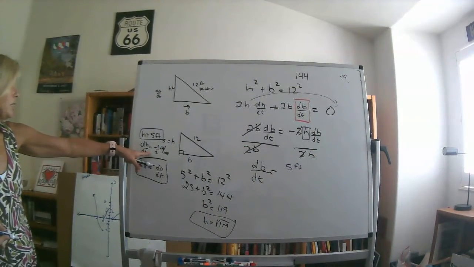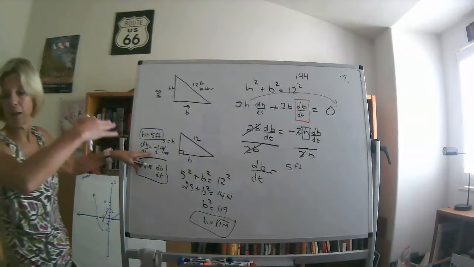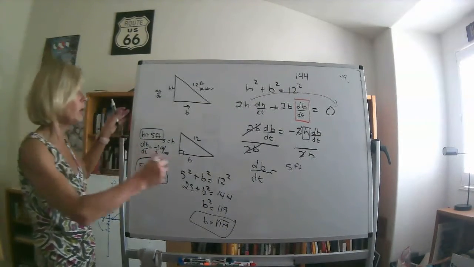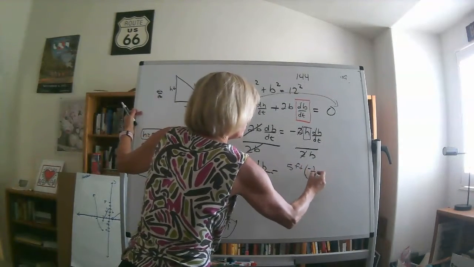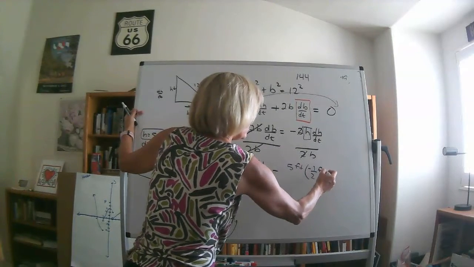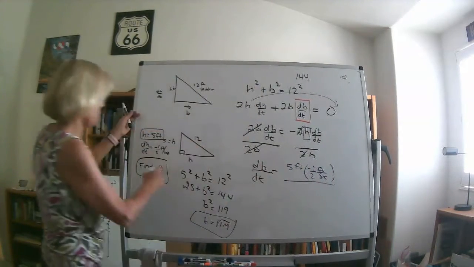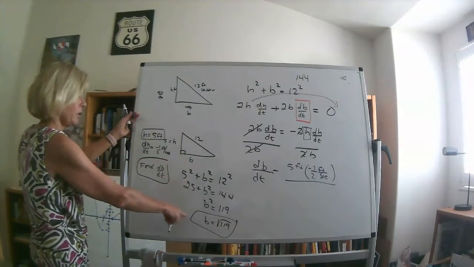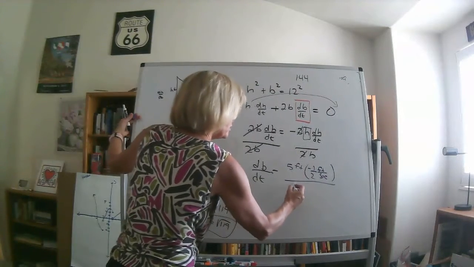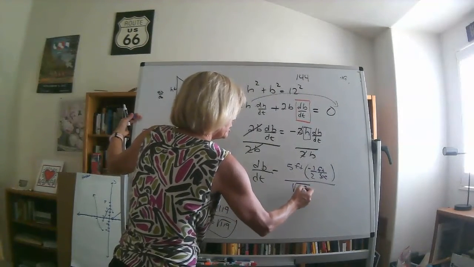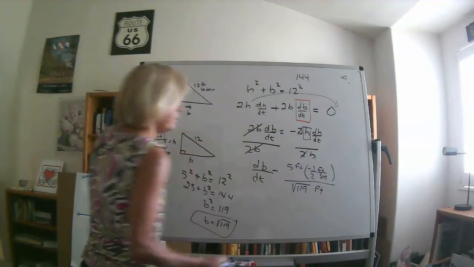I saw that my dh/dt, how fast the ladder was sliding down the wall, was negative 1/2 foot per minute. My base, we found using the Pythagorean theorem, was the square root of 119 feet.